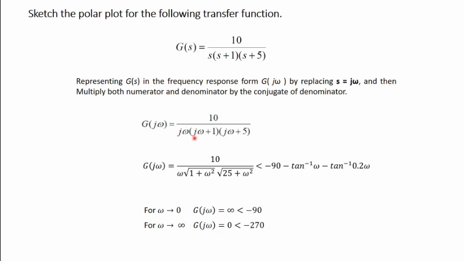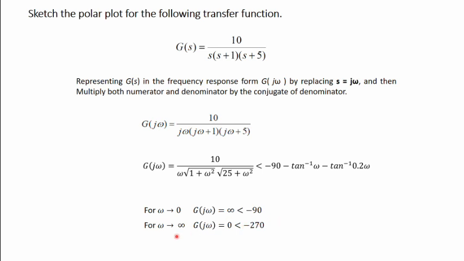Here the magnitude and angle relationship for G of j omega is 10 upon omega into square root of (1 plus omega square) into square root of (25 plus omega square), at angle minus 90 minus tan inverse omega minus tan inverse of omega by 5. For omega tending to 0, the magnitude is infinite at an angle of minus 90 degrees.